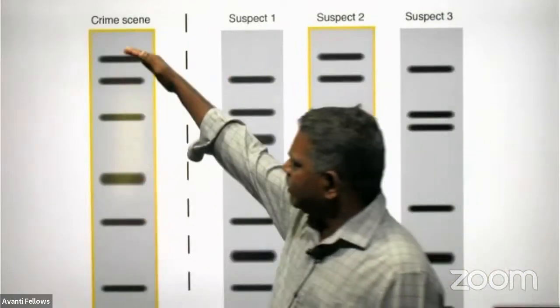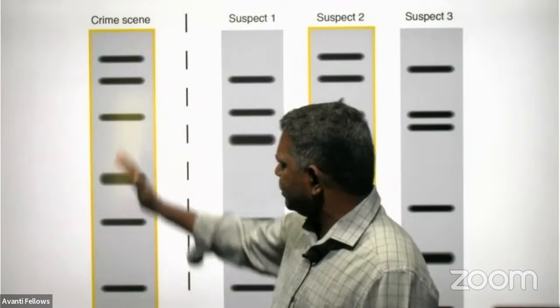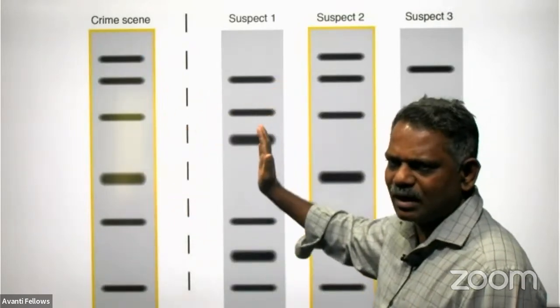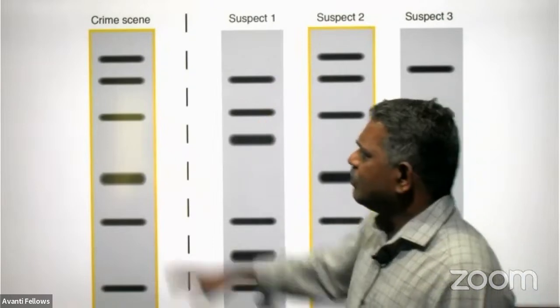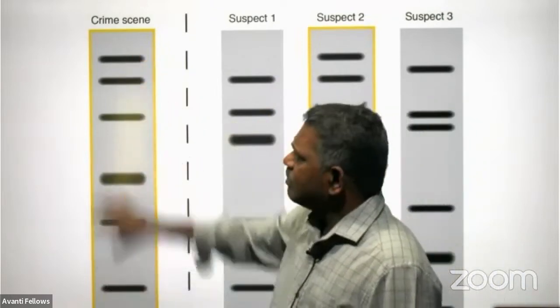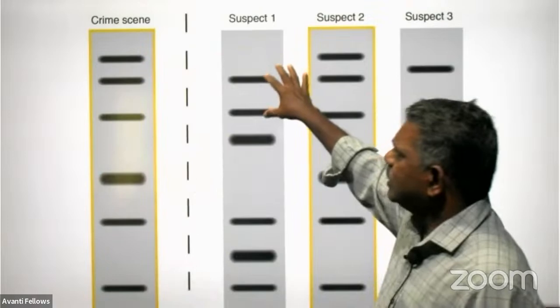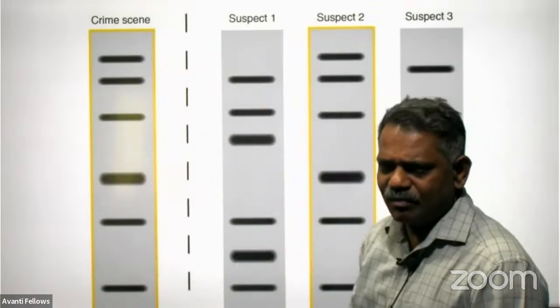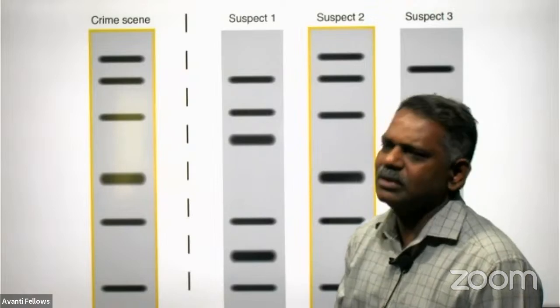The bands in the child will not appear 100% in this individual, but if he is the real biological father, 50% of the bands present in the child will appear in his fingerprint.